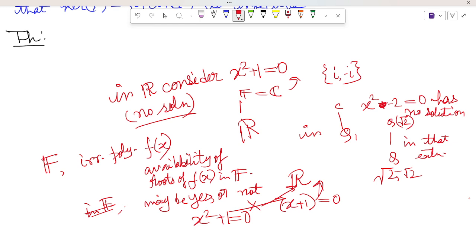So if the polynomial has no root, can I extend the field to a bigger field such that in this field the irreducible polynomial certainly has a zero? Can I construct a bigger field, or does there exist some field so that this happens? The answer is yes.